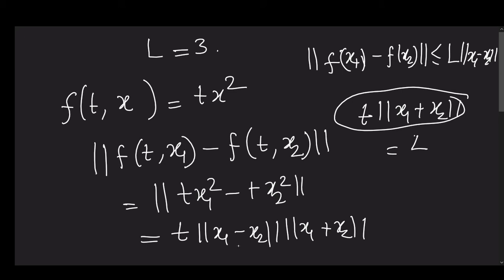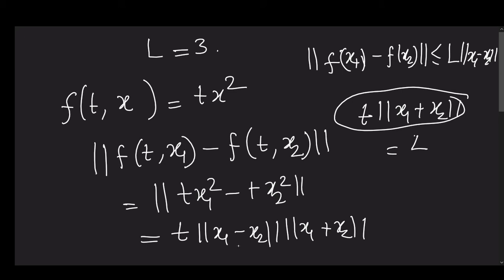Basically you are finding the rate of change of the function, and the whole idea behind Lipschitz is that the rate of change of the function is less than the rate of change of its argument. That is the whole idea.